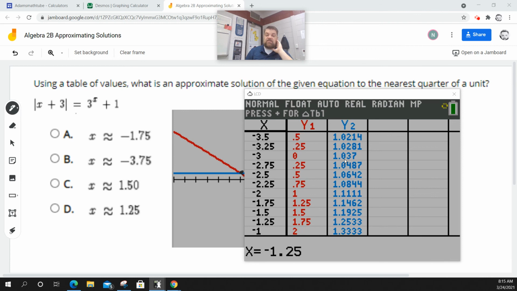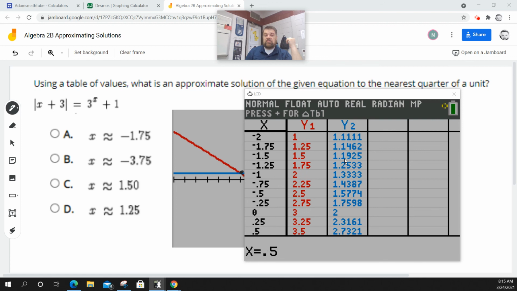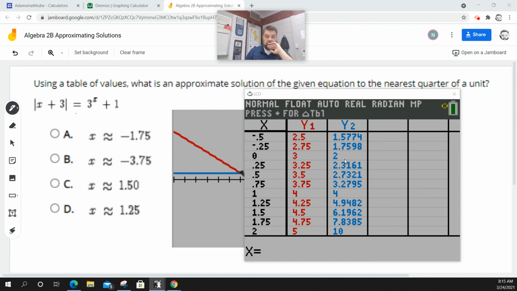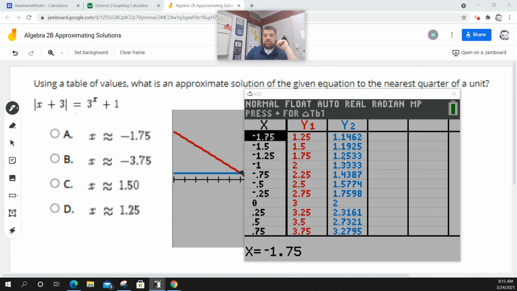Now let's go to the positive value. So now I got to go to positive 1.5. That's way off. Oh, and then 1.25. That's way off. So I think negative 1.75 is the closest because those are so close.